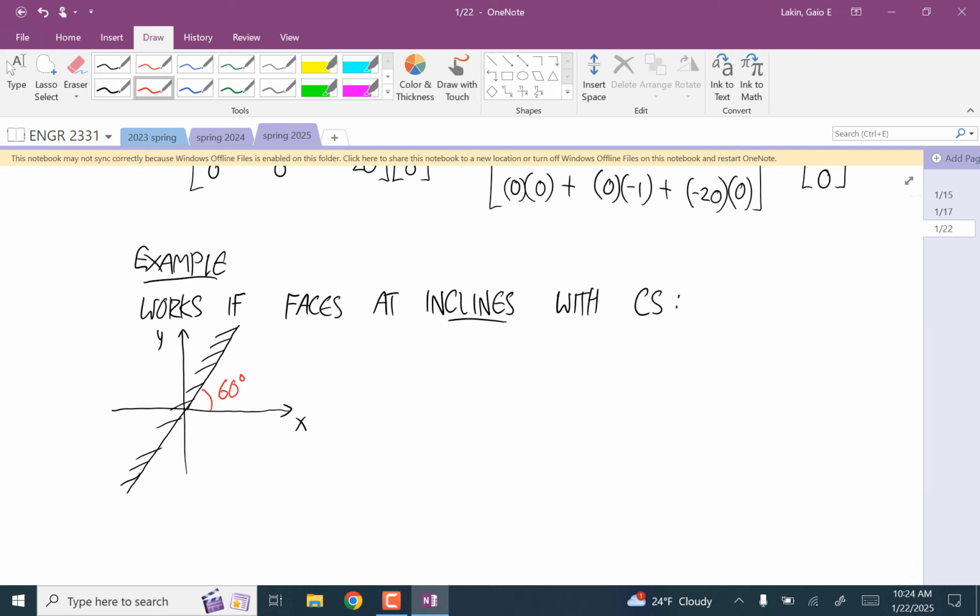So what's the traction on this face? And we're going to use that previous stress tensor.